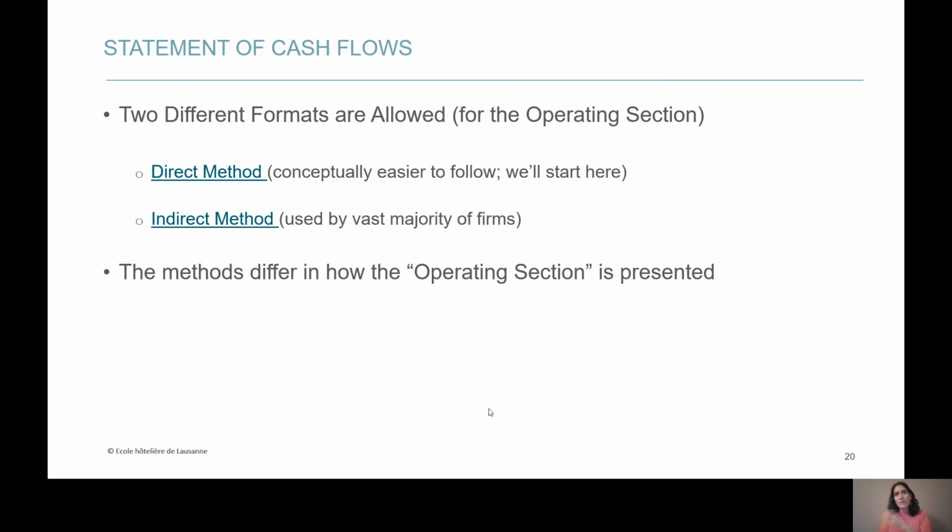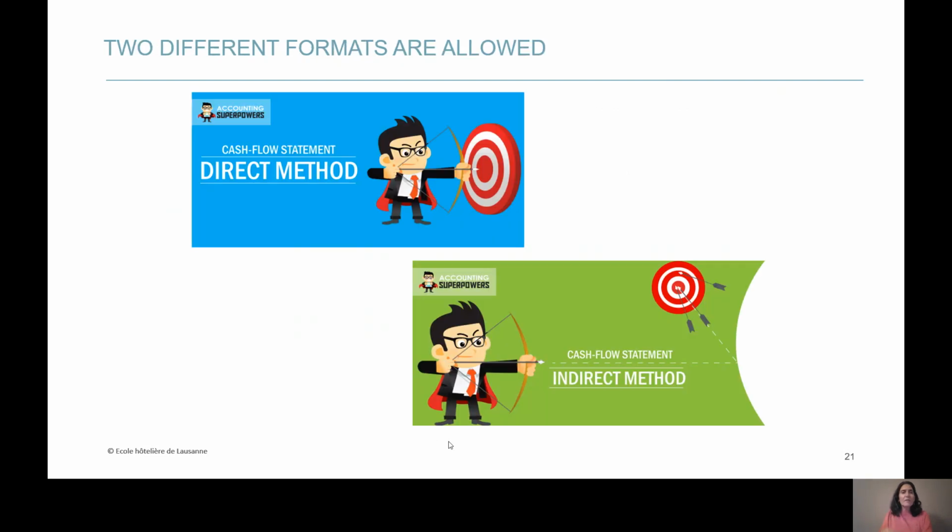For the 2 other sections, for I and for F, we're going to always prepare it the same way. The direct method is the method that we're going to use in the first part of our program in BOSC1, and the indirect method is the one that we're going to study in chapter 12 at the end of the program of BOSC1.